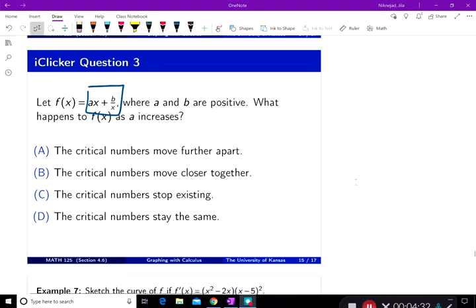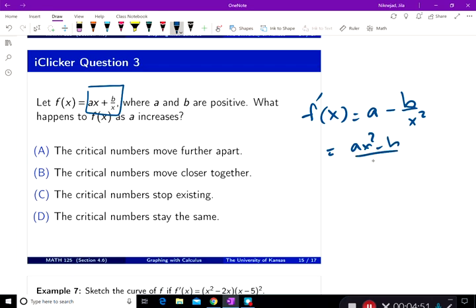Okay, so the answer to this is, let's take the derivative, because we're discussing the critical numbers. It's a plus b times the derivative of 1/x, which is -1/x^2, so a - b/x^2. Take a common denominator and then find the roots. x = 0 is not part of the domain, so don't worry about that.